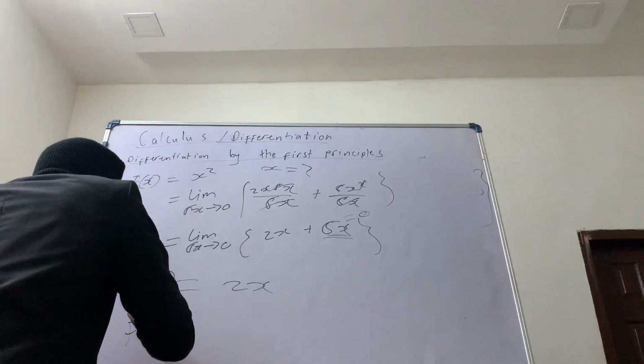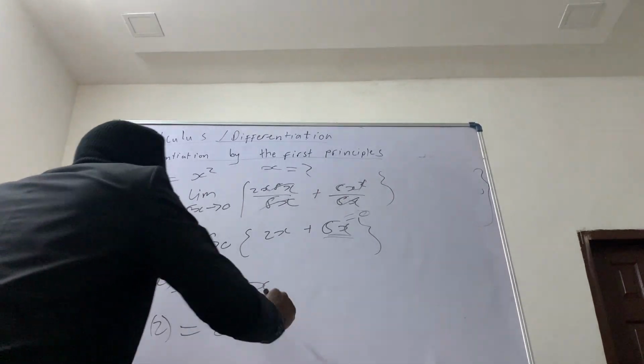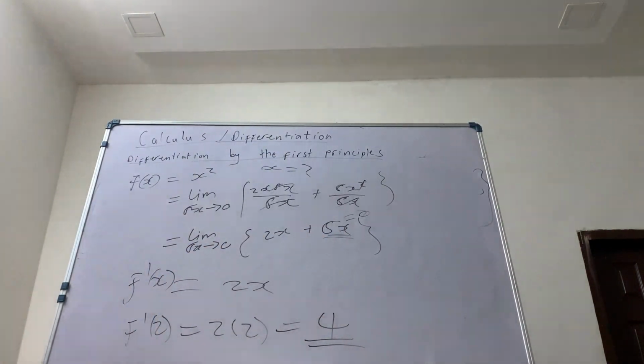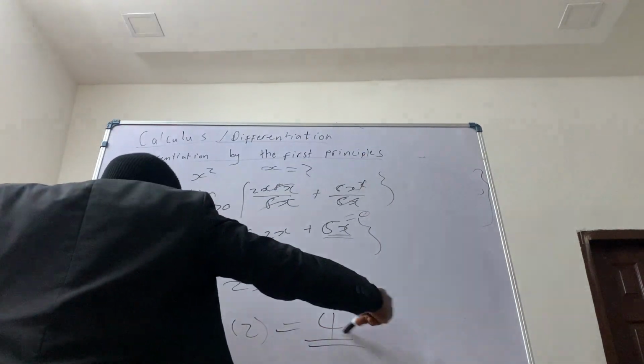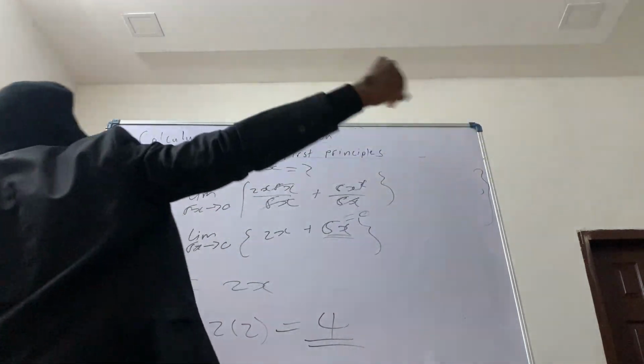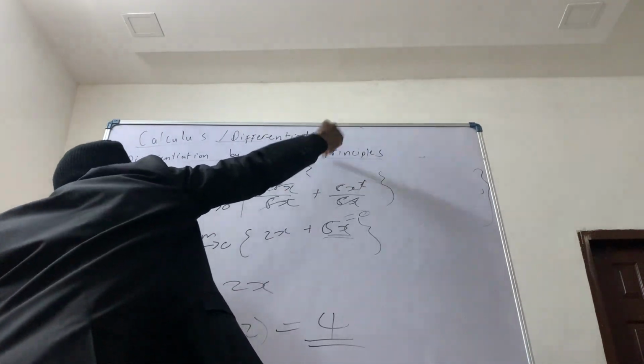So f prime of 2 equals 2 times 2, which is equal to 4. This is our final answer. Now you tell your teacher, I have differentiated this function you have given me using the first principle.